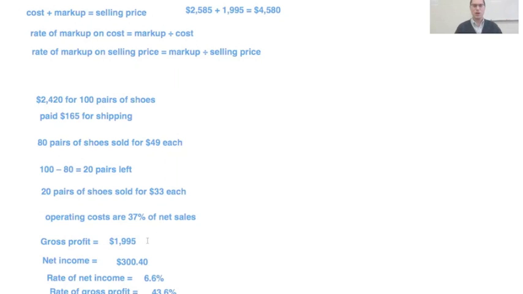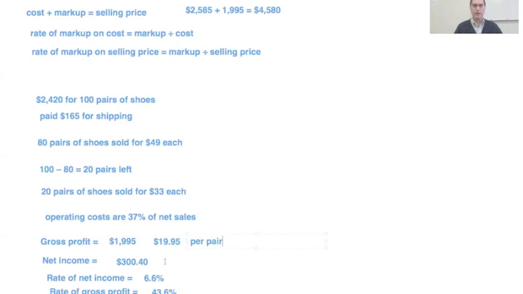So the gross profit per shoe is going to be $1,995 divided by 100. That's going to be $19.95. So gross profit of $19.95 per shoe. But we break it down according to net income. Oops, I should put here that's $19.95 per pair.